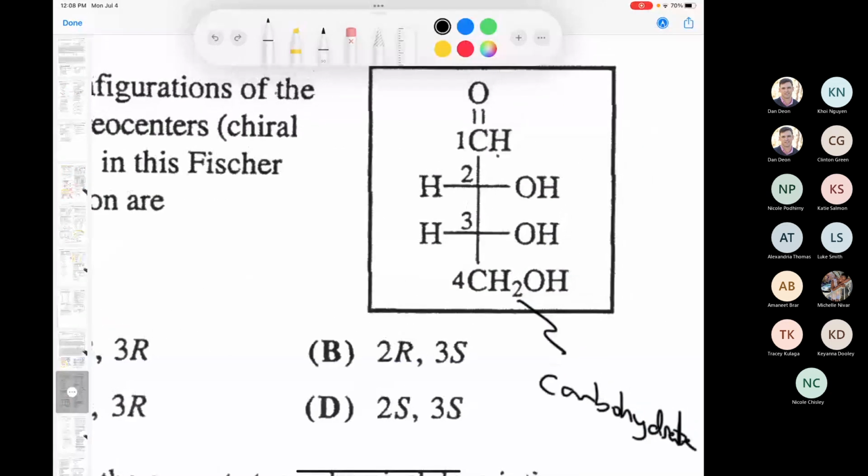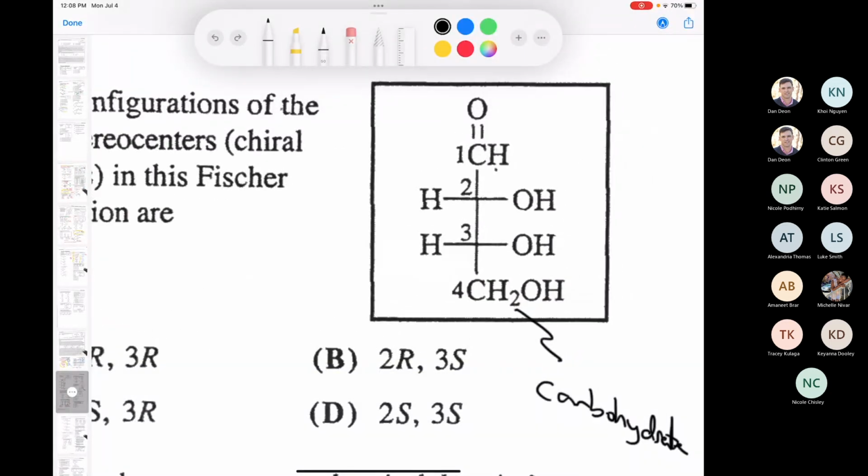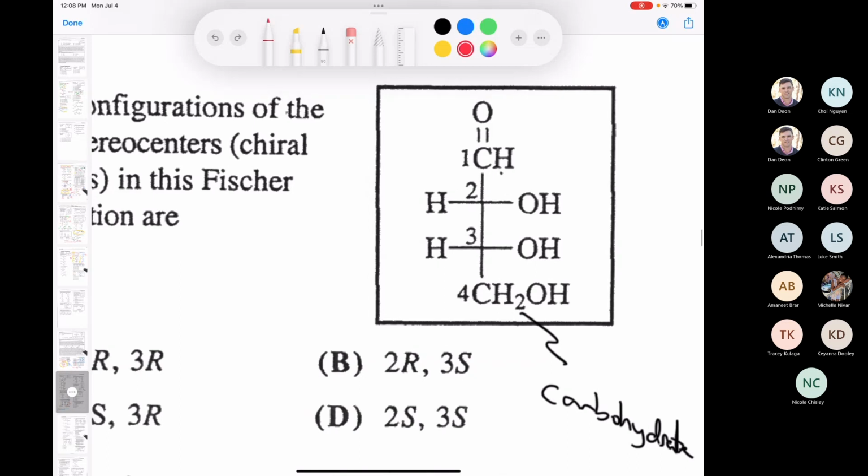Remember that when you have a Fischer projection like this, any bond that's horizontal is coming out towards you. It's on a wedge. This is on a wedge. This is on a wedge. Any bond that's vertical is on a dash. So the conclusion to all that is this.